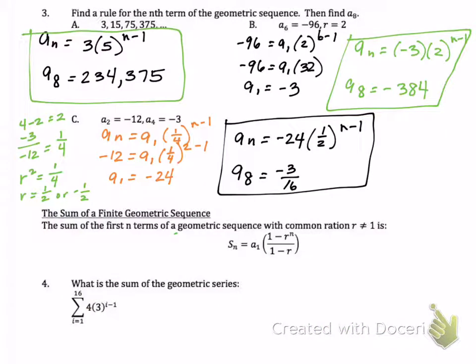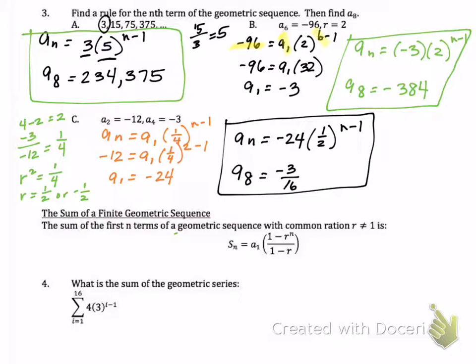Okay, so for number 3, you're given the first term, and then 15 over 3 is 5. So that is your r, first term and r. Then when you plug in 8, you get 234,375. For part B, you're solving for the first term. So I'm plugging in 6 and negative 96, and then I'm just solving.